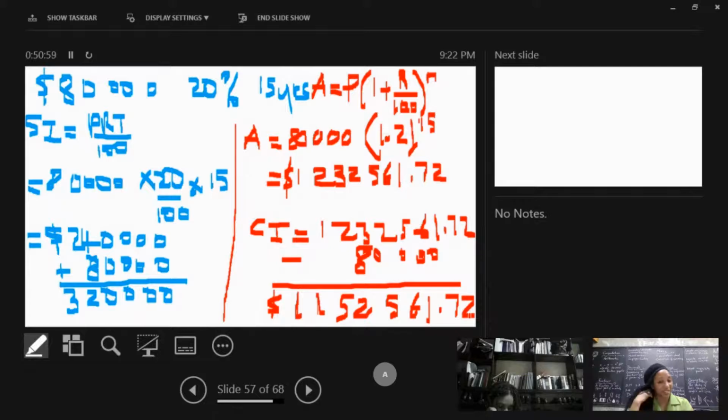That's a mighty difference, because it was a much, much larger amount and a much larger rate, 20%, which is rare that you're going to get in any kind of investment like that. But just to demonstrate the difference, and 15 years.